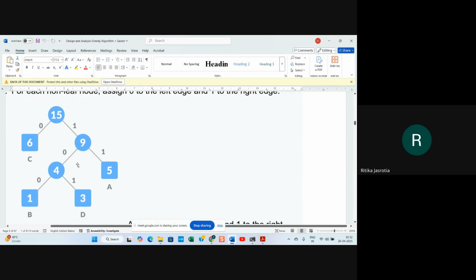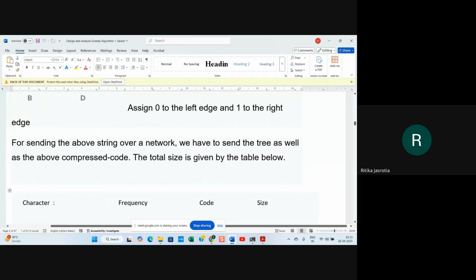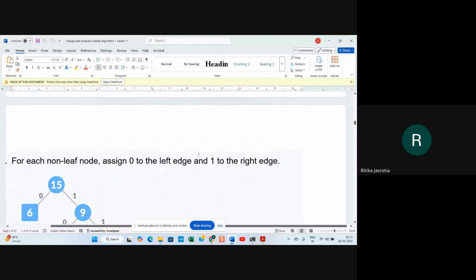Sorry, 0 should come here, 1 should come here, because 4 has a leaf node, but 5 does not have a leaf node. Again, here it should be 0 and 0, because these also don't have leaf nodes. Okay, not that way they are assigning.